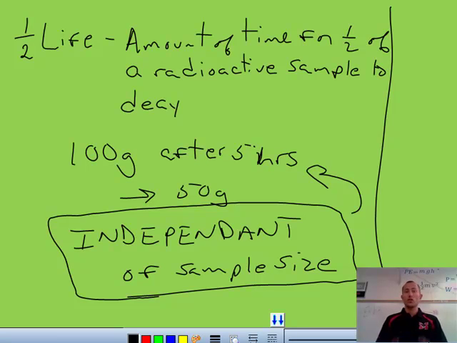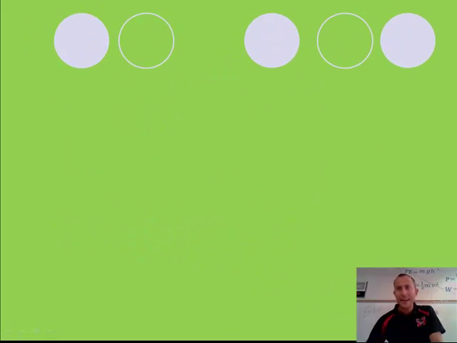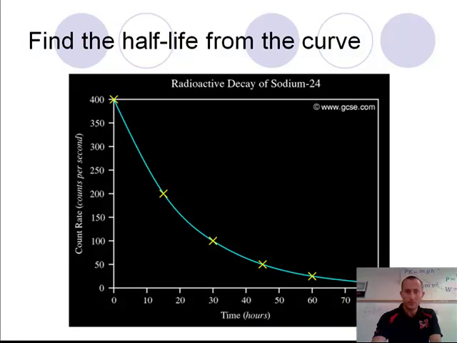Even if you're down to 2 atoms, there's still only a 50-50 chance of one of them decaying over the other. And so you can't say, okay, this one's going to decay, then this one, then this one. All we know is that it's going to occur at a specific rate, and that's what we call our half-life.